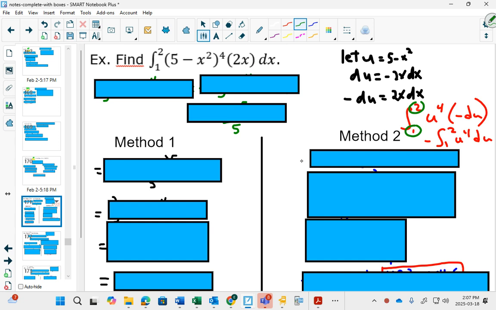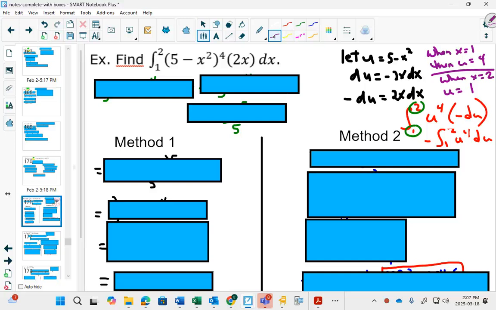But as soon as I change u to 5 minus x squared, that means when x is 1, then u would be 4. Does that make sense? And when x is equal to 2, u is equal to 1.